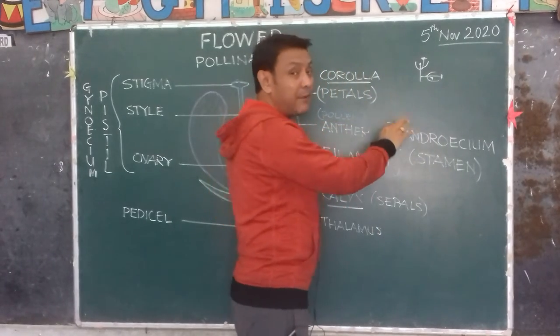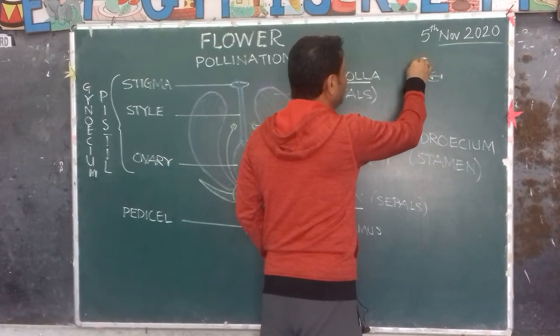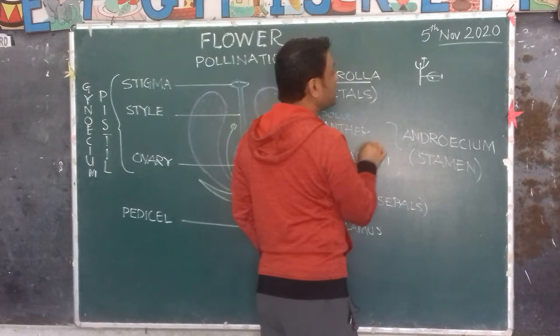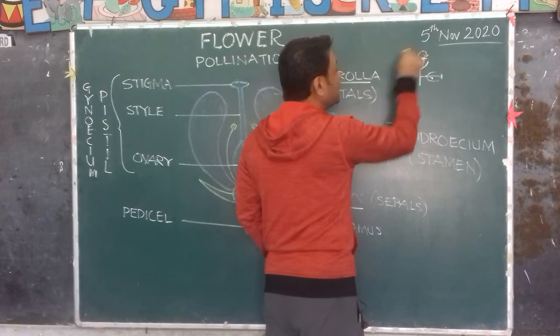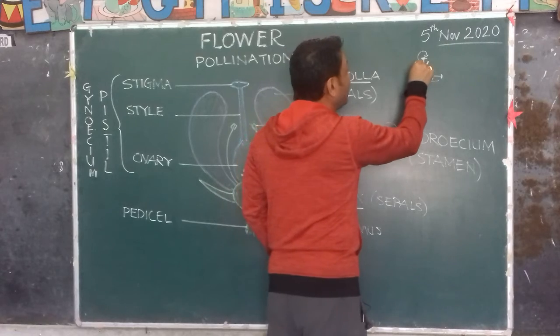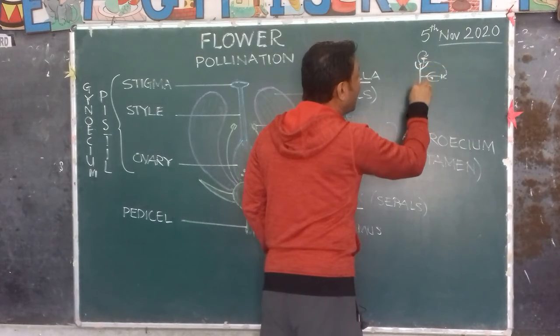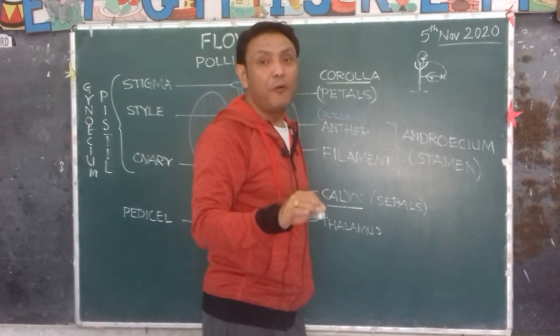Now, borne by the same plant. What is self-pollination? Self-pollination is the transfer of pollen grains from the anther to the stigma of the same flower or from the anther to the stigma of another flower borne by the same plant. So this is called self-pollination.